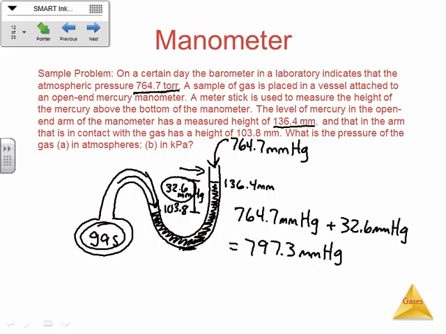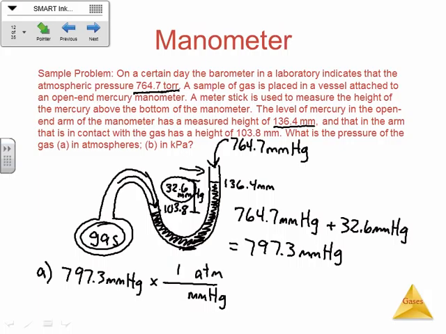millimeters of mercury, okay? Unfortunately for us, they are not asking for this pressure in millimeters of mercury. They're asking for this pressure in atmospheres and in kilopascals. So for A, we just need to do a quick conversion: 797.3 millimeters of mercury converted into atmospheres.